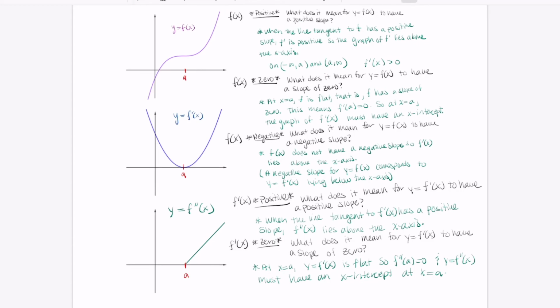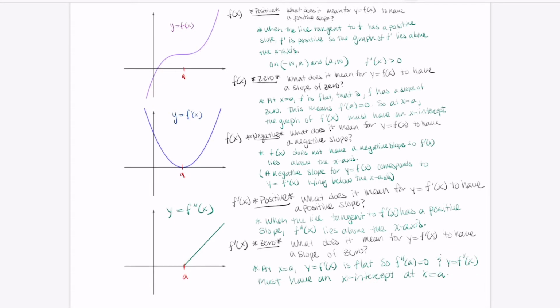And to reiterate, at x equals a, y equals f prime of x, so the first derivative is flat, as we can see here. So the second derivative evaluated at a has to equal 0. That is, this y equals f double prime, so the second derivative graph must have an x-intercept at x equals a. Have you caught on to the similarities between these interpretations yet?